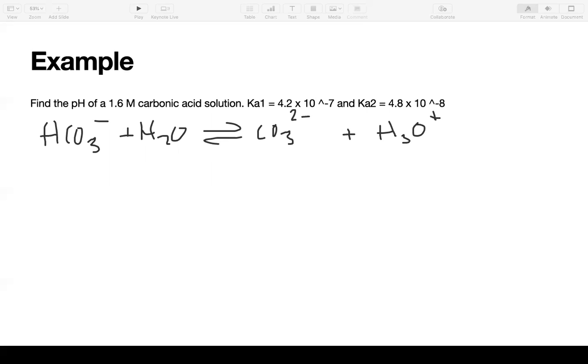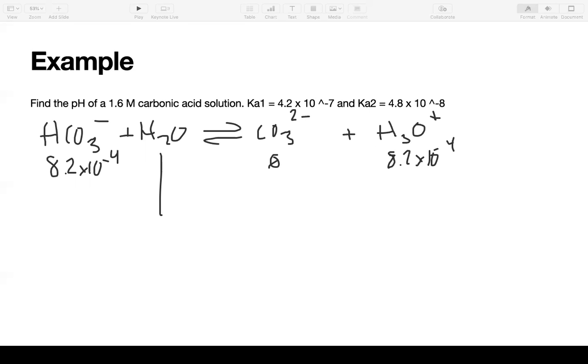So for our initial concentrations, we know that it is 8.2 times 10 to the negative 4 here, which we got from our previous calculations, as well as for our hydronium. So we have 8.2 times 10 to the negative 4. And the water we don't care about, and our carbonate we have 0.